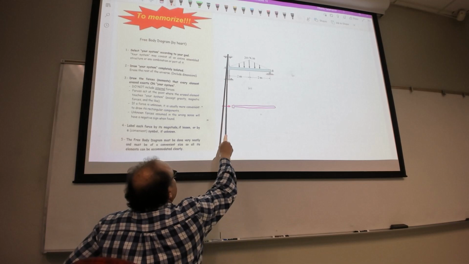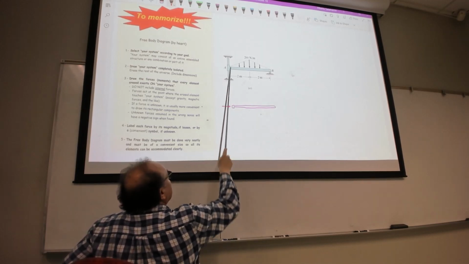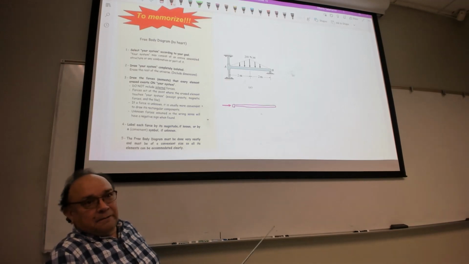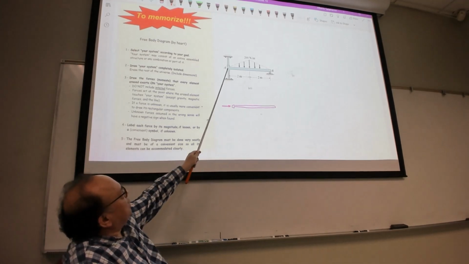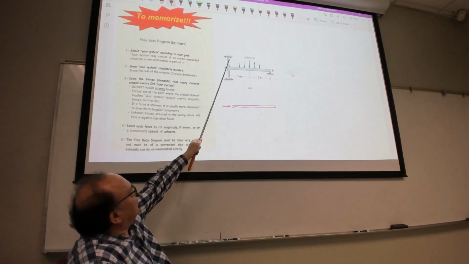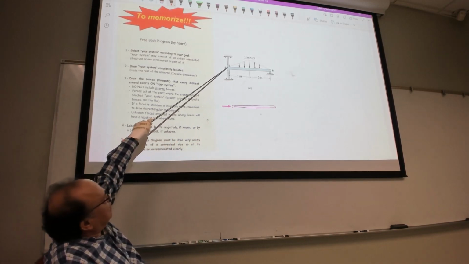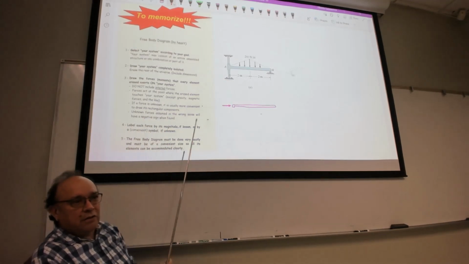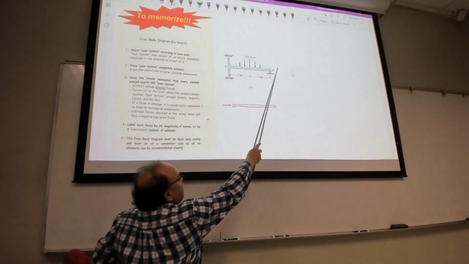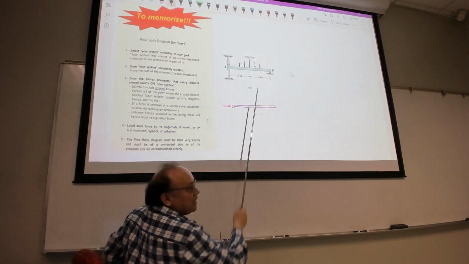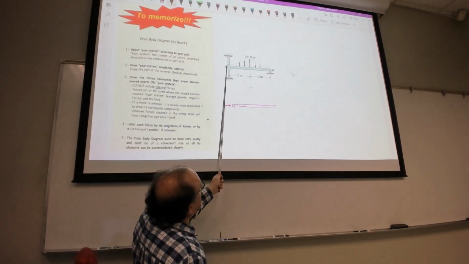Can you move this up and down? No. You cannot? Yes, you can, because this is a collar on a frictionless rod, so this can move up and down. Nothing avoids the motion, right? Don't look at the rest. It's probably not going to move up and down because something else doesn't let it go down. But we are talking about just this support.